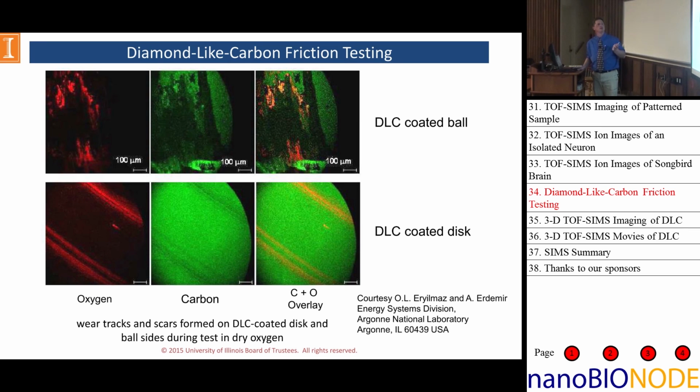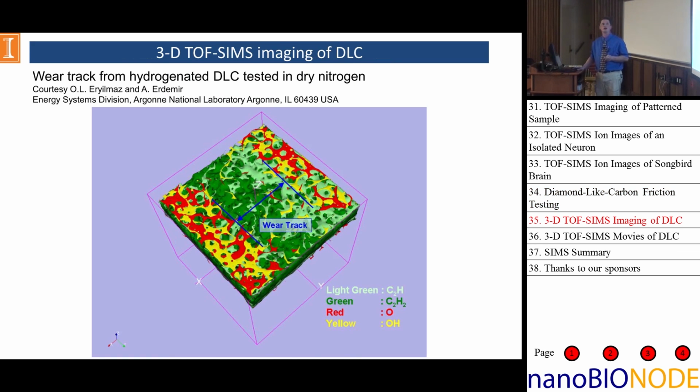In the middle of the wear track we don't have any oxygen, but we do have some pile-up on the edges. That was related to lifetime and the wear of the diamond-like carbon films. We can make 3D images out of that, and in the software you can rotate this around. You can see the wear track, and you can see the oxygen and the OH signals as well.